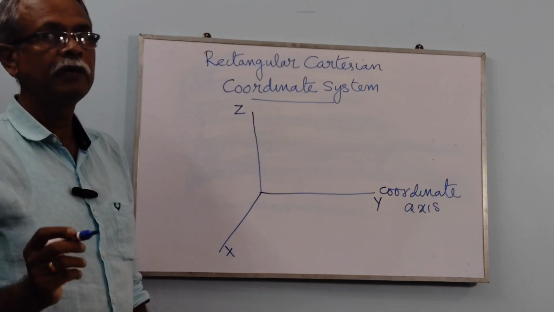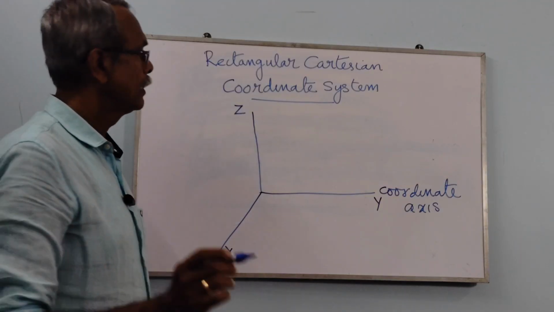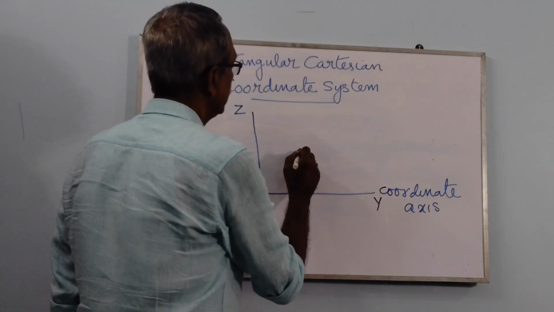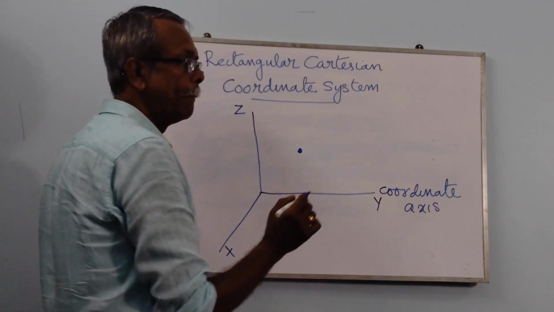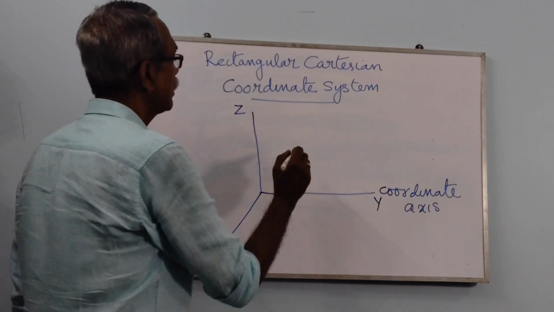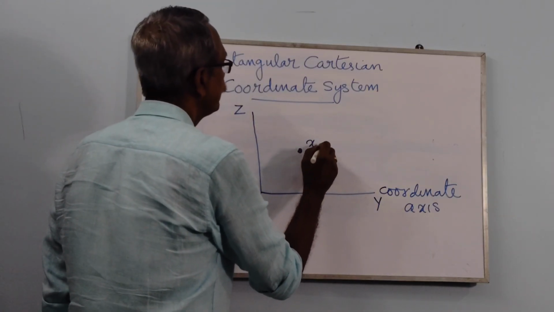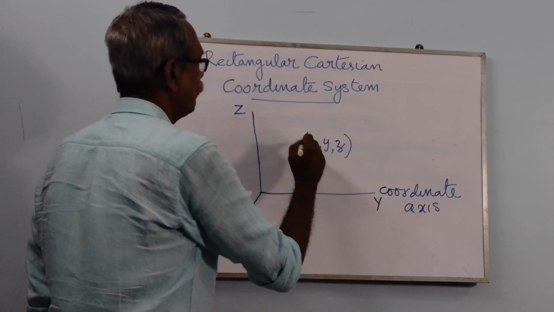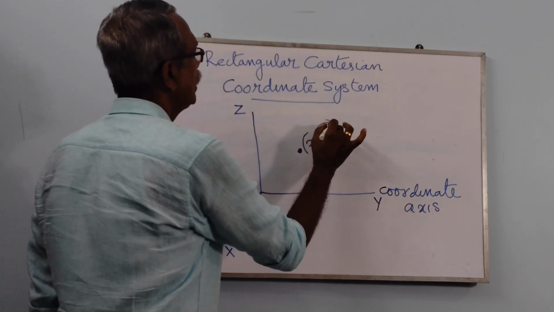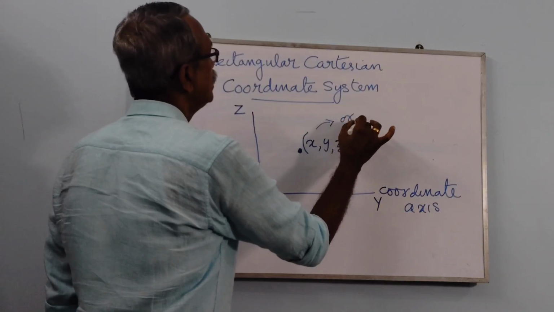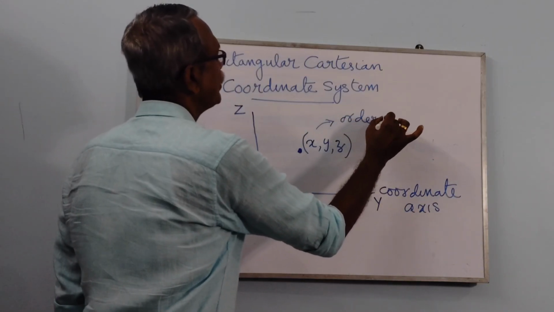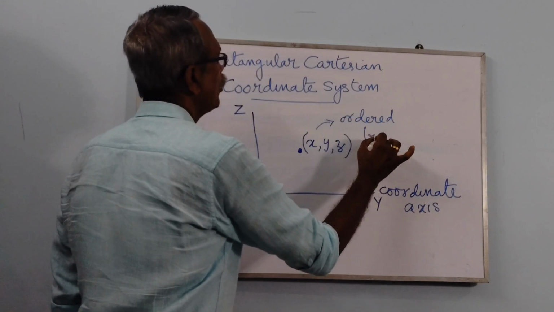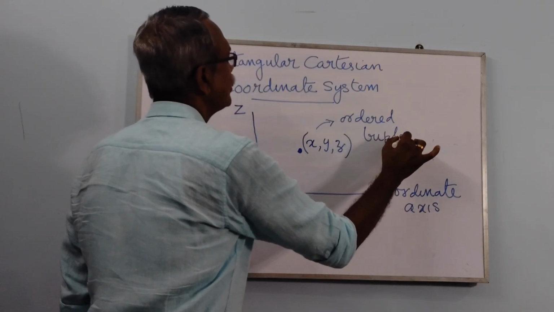We represent a point here by giving three numbers, x, y, and z. This is usually called an ordered triplet.